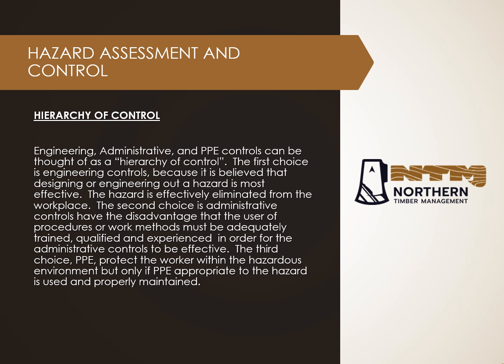The second choice, administrative controls, have the disadvantage that the user of procedures or work methods must be adequately trained, qualified, and experienced in order for the administrative controls to be effective. The third choice, PPE, protect the worker within the hazardous environment, but only if PPE appropriate to the hazard is used and properly maintained.